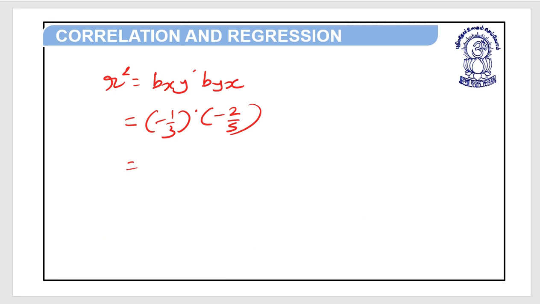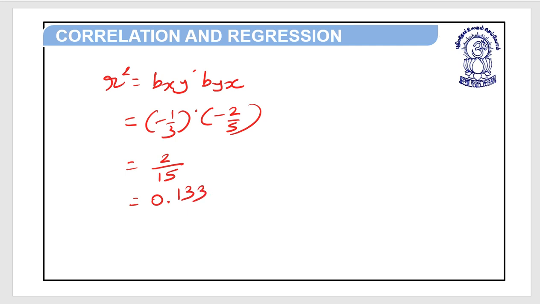Minus into minus is plus. 2 3s are 6, 3 5s are 15. So it becomes 2 by 15, which is 0.133 something.